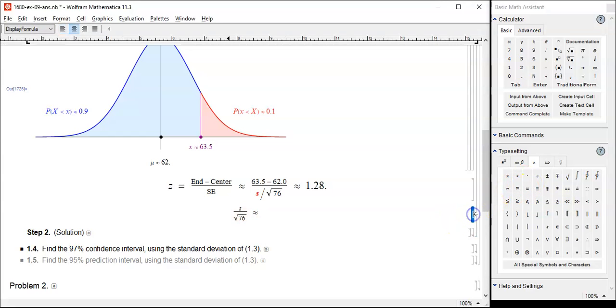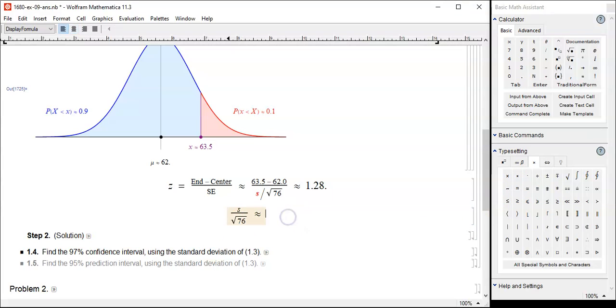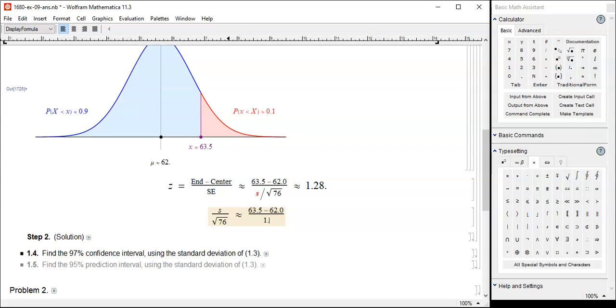Okay, let's do this over. 63.5 minus 62.0 divided by 1.28. What did I just do? I switched these two. And this is the quantity you're looking for, the standard deviation.